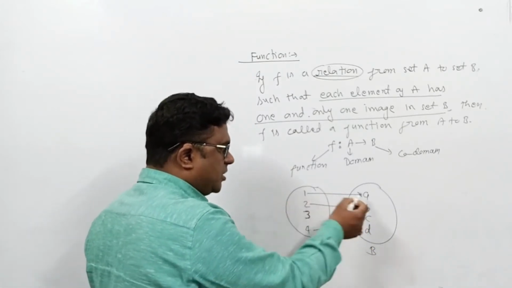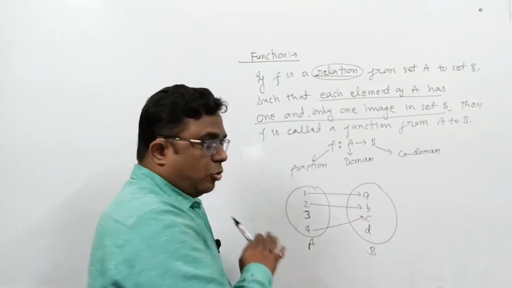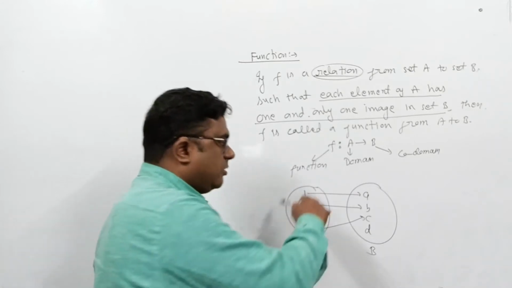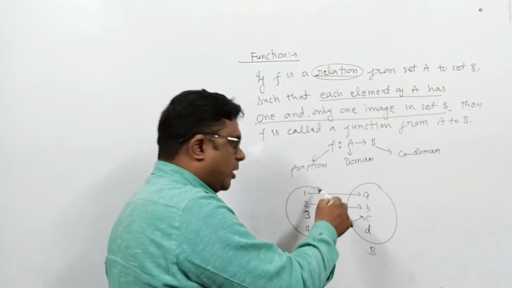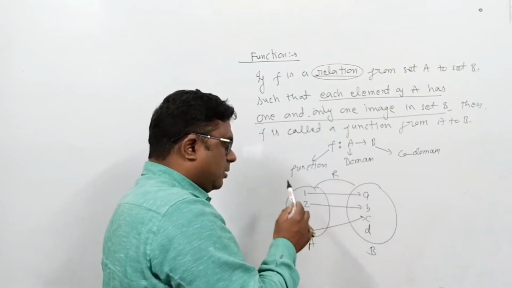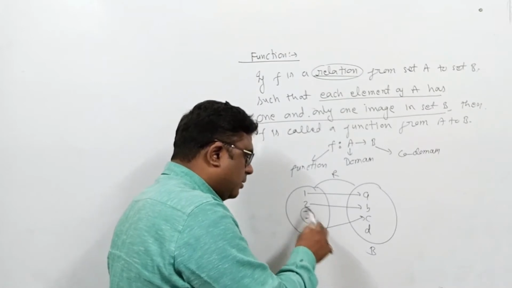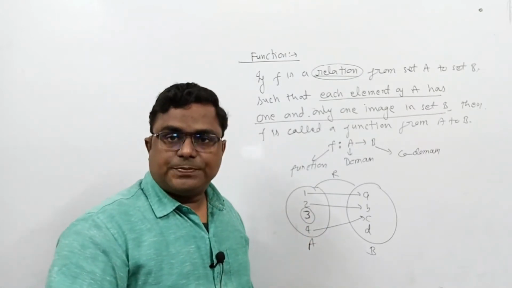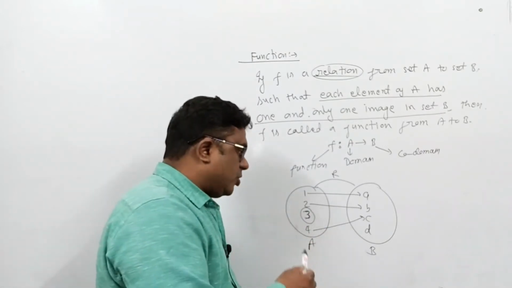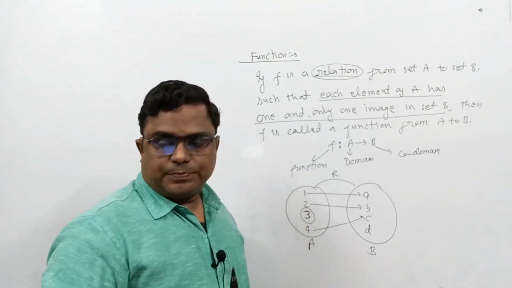In this arrow diagram, obviously it's a relation, but this cannot be a function because element 3 is not having any image.